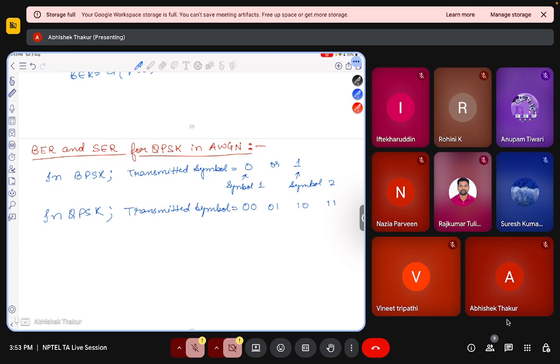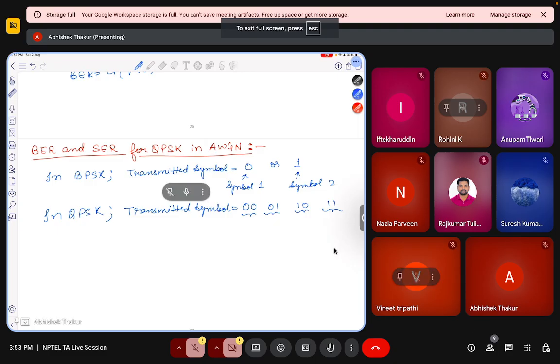Each symbol is represented using 2 bits, like here you can see each symbol is represented using 2 bits.